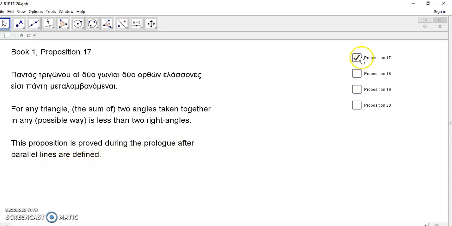So there's really no need to actually state this again, because you can't have the fifth requirement unless you've already defined parallel lines and proved that the sum of the angles in a triangle are equal to two right angles, and therefore as a consequence the sum of any two will be less than two right angles.